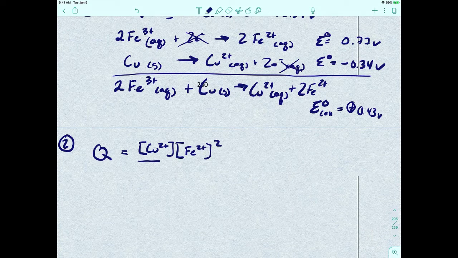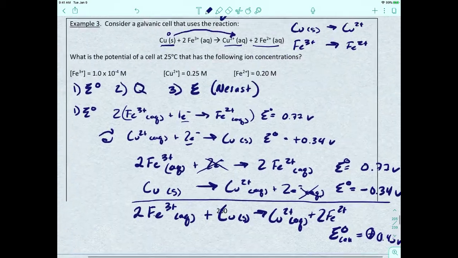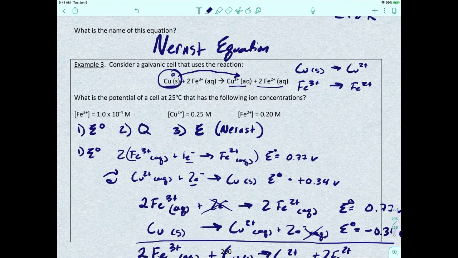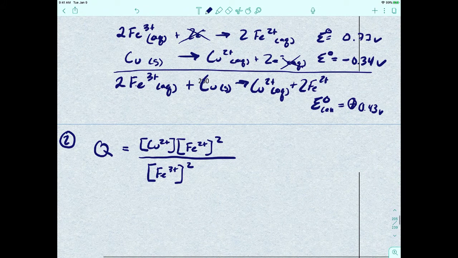So the concentrations of the products divided by the concentrations of the reactants. Keep in mind, copper is solid, not aqueous. Its concentration does not change, so we do not include it in our reaction quotient.